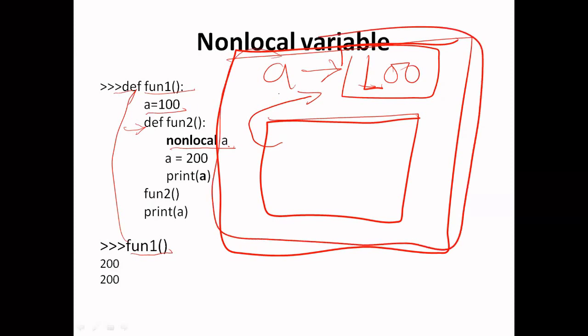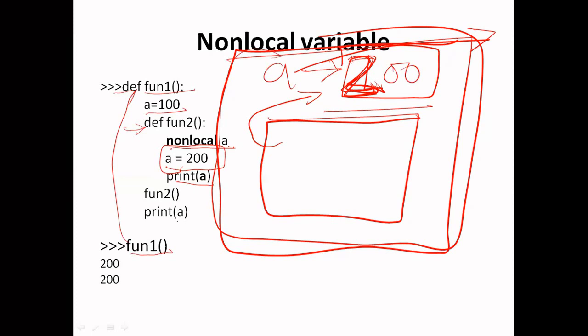In this outer namespace we have the variable a. It has been defined, so there is no issue. And after this, we are updating the variable a with value 200. So now this variable a will point to the object 200. And when we are printing this a, we will get the answer 200.